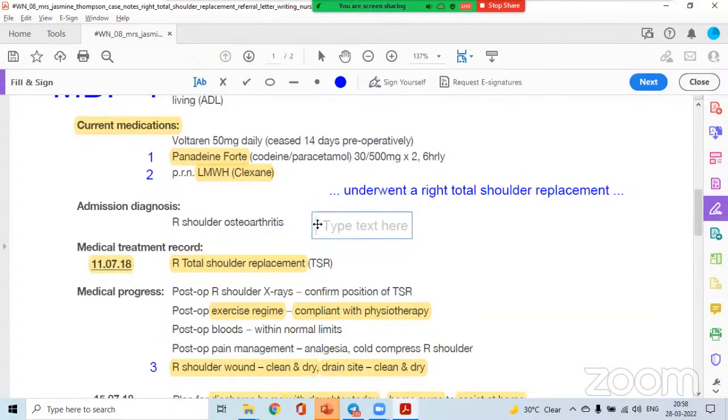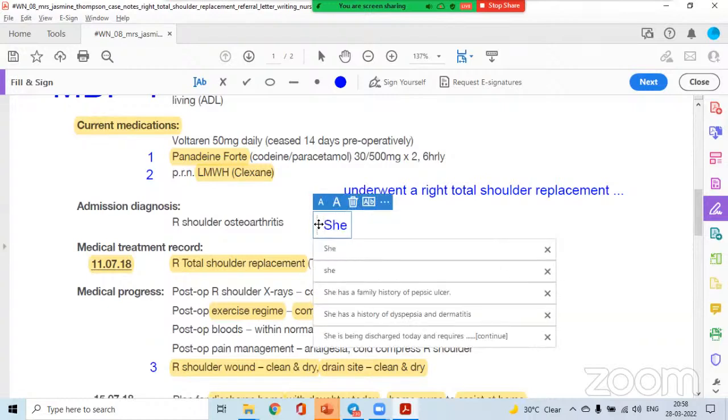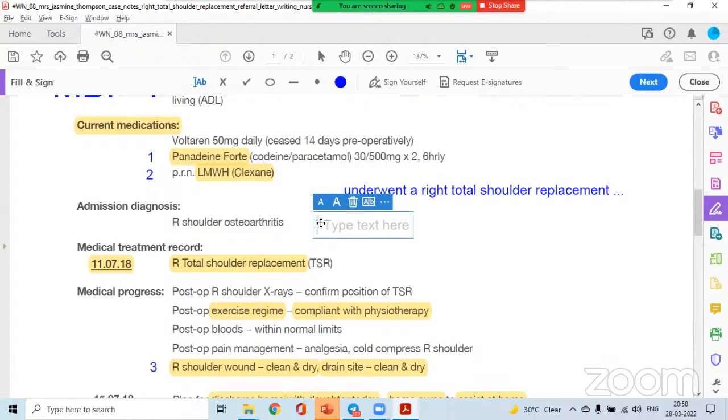Or you can say she has been recuperating after a successful right total shoulder replacement. So instead of underwent, you will say she has been recuperating after a successful right total shoulder replacement.